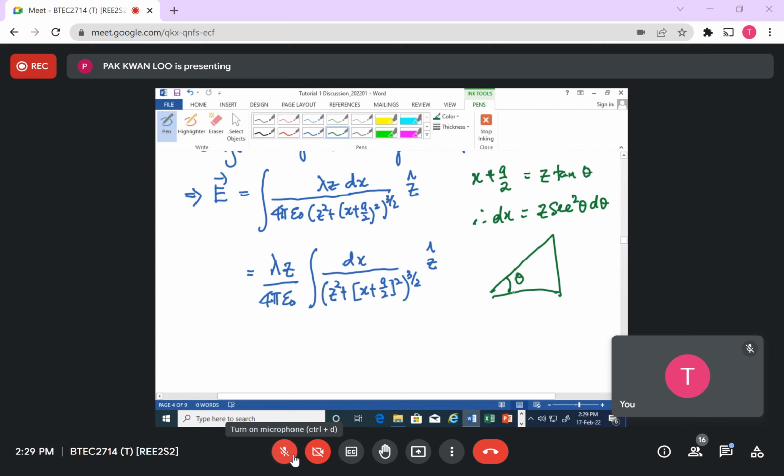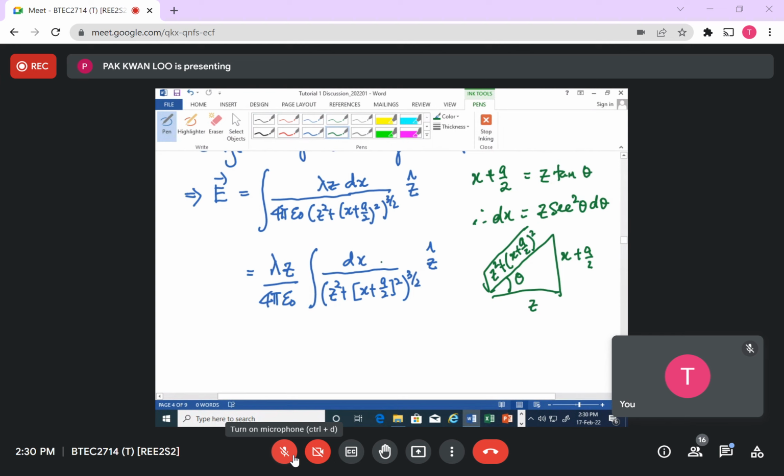So now, theta, this x plus a over 2 over z and square root of z squared plus x plus a over 2 whole thing squared.